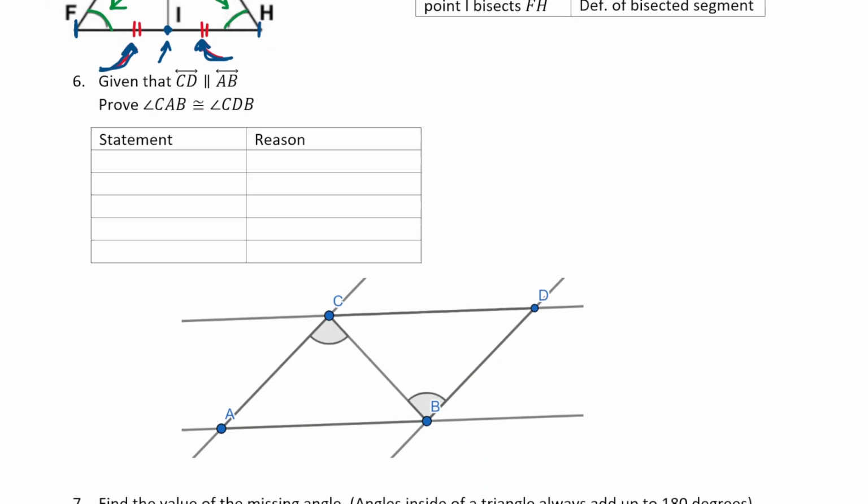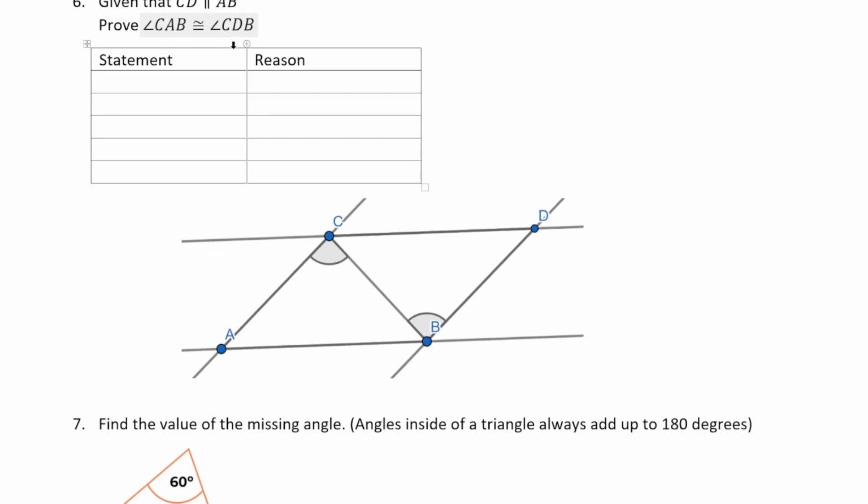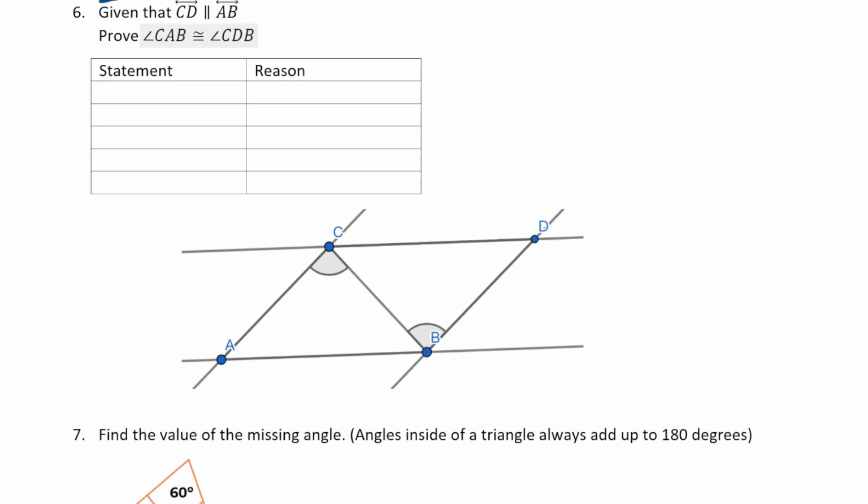All right, question 6. I want to prove that angle CAB is congruent to angle CDB. Okay, I'm given something right here. I'm being told that segment CD is congruent to AB.